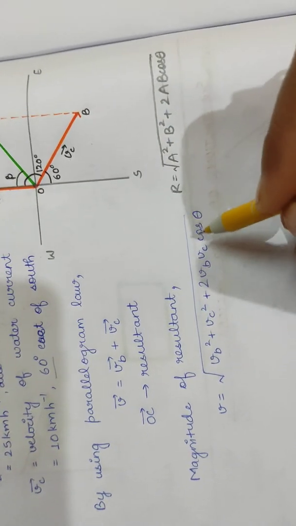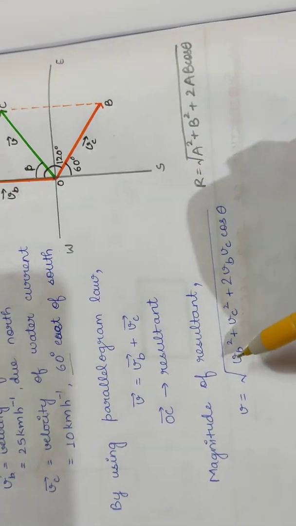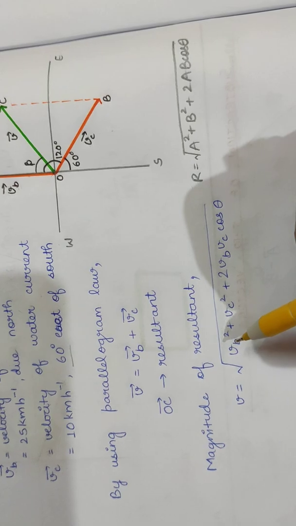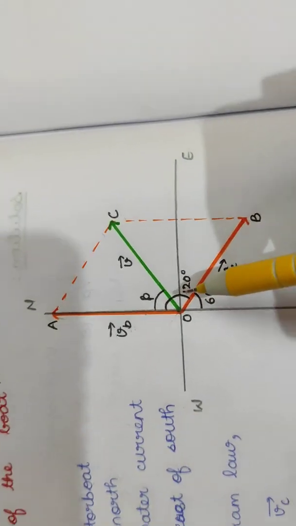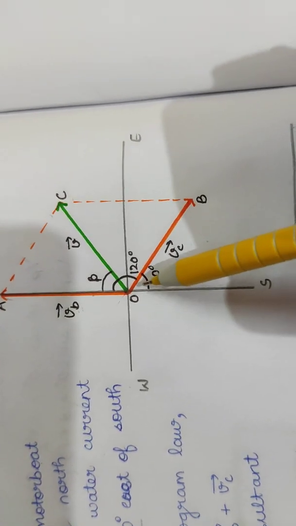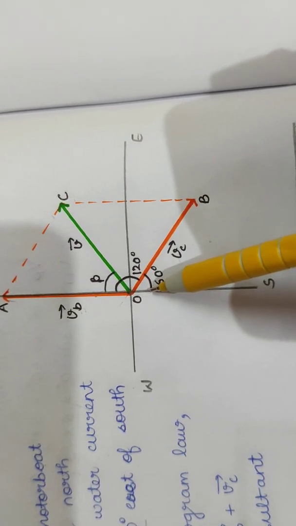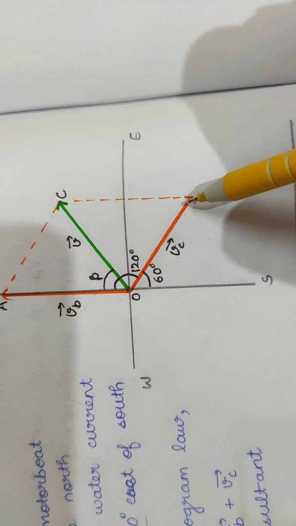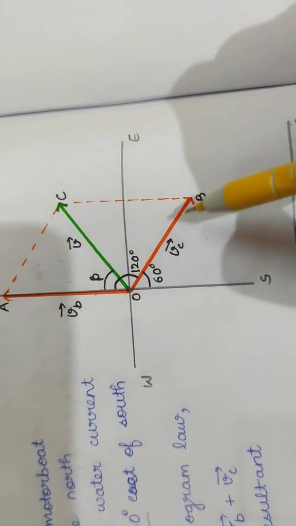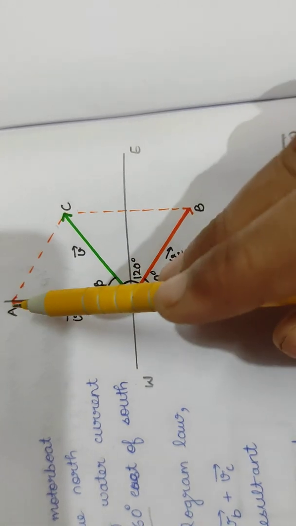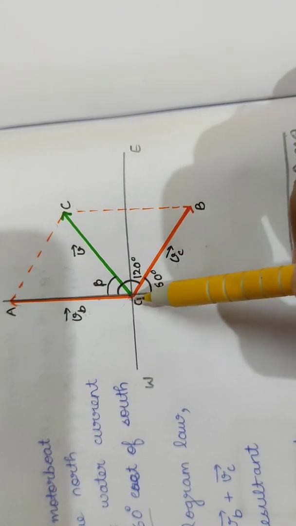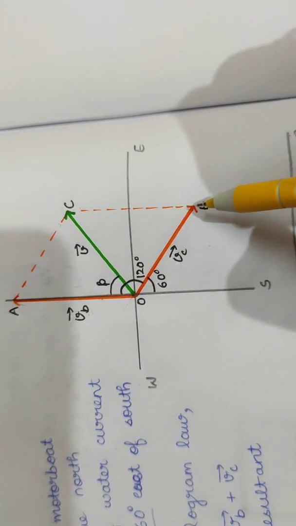Now what is theta in this case? This theta is an angle between vectors VB and VC. So we will look at this figure. It is given in the question that the angle between this south direction and vector OB is 60 degree. So what will be the angle between this vector VB and VC?